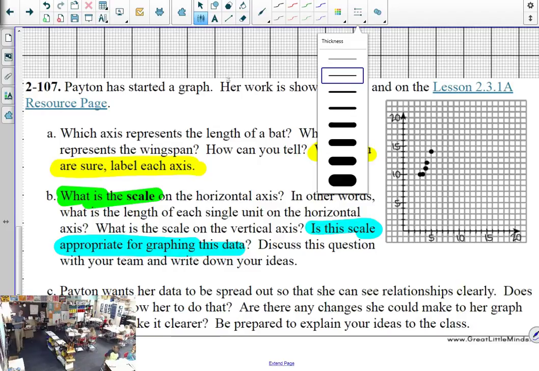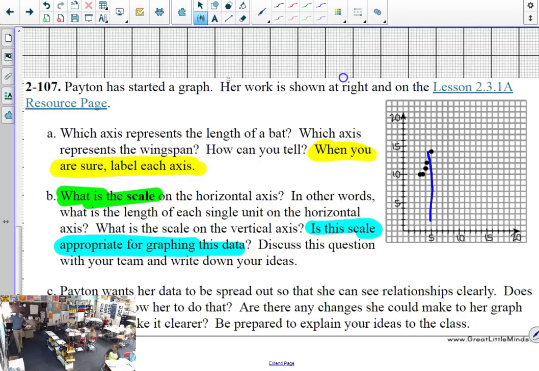What lengths do we have to work with? 3-ish, 4, 5, that's it? Yeah, 3 to 5. My top point is at 5. If anybody tried to label this wingspan, notice we don't have anything out here near 10 or 11 or anything like that.